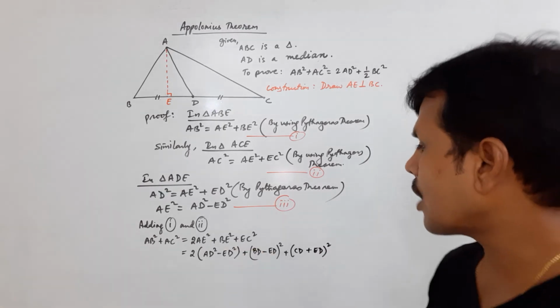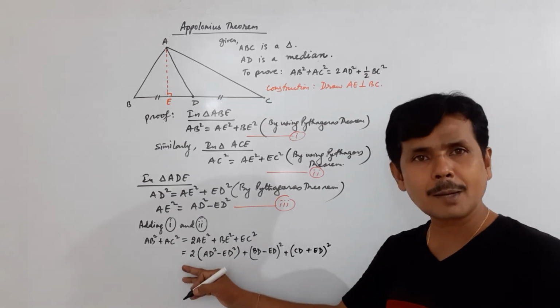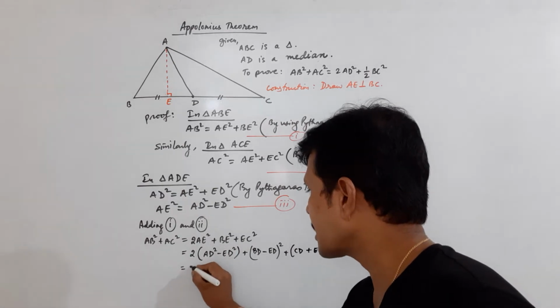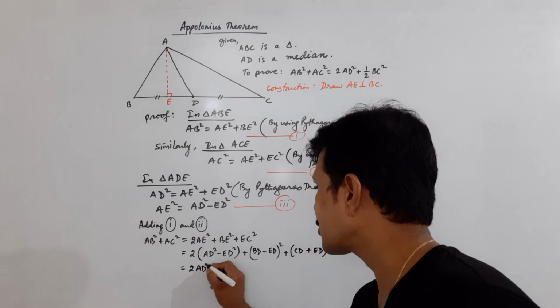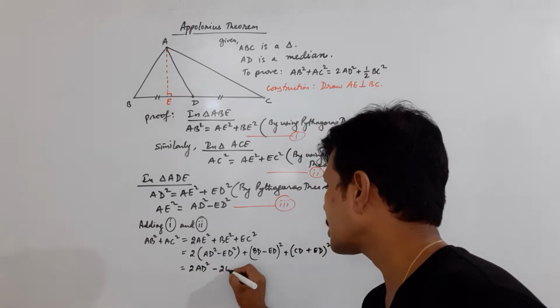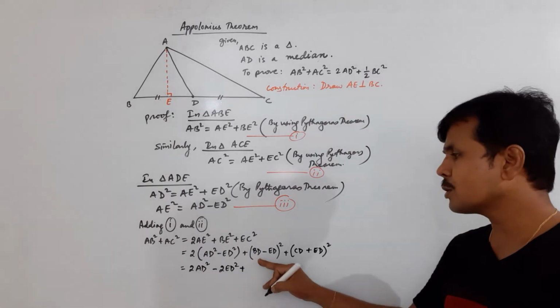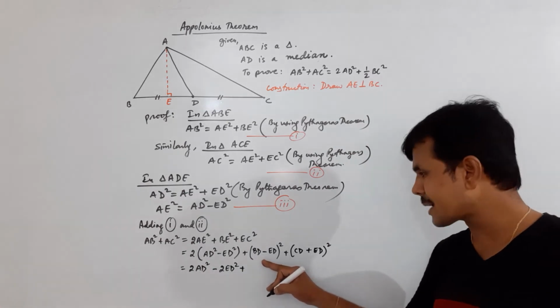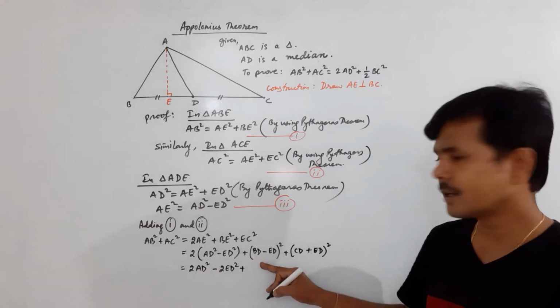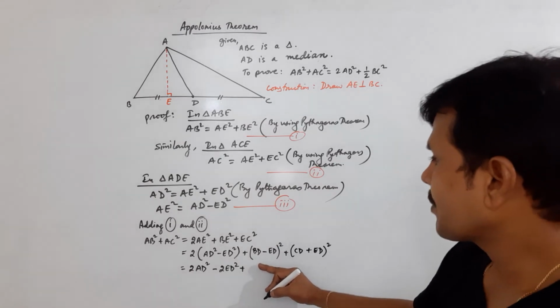Now we'll open up the bracket. So this looks like 2 times AD square minus 2 times ED square. Now what about this? I am going to use identities over here to expand. Let us expand it.